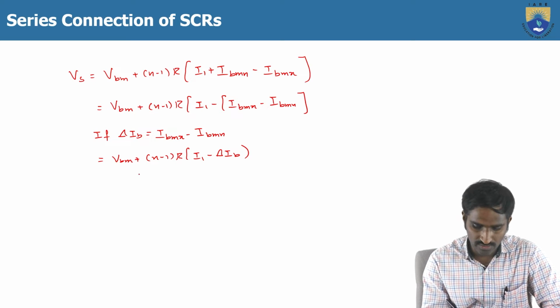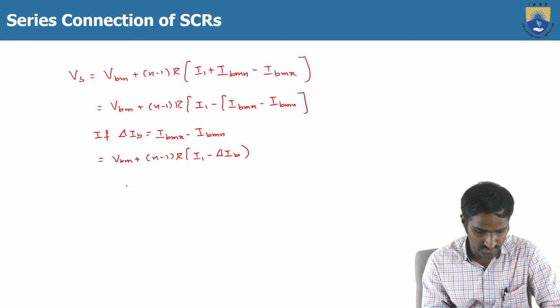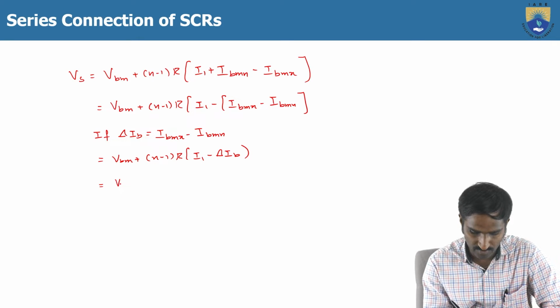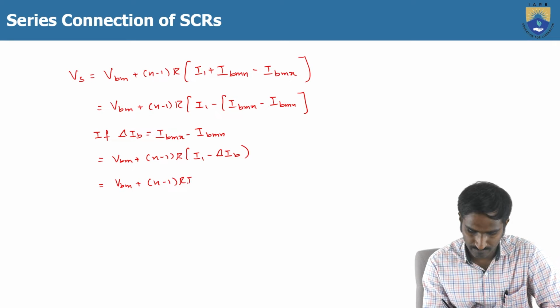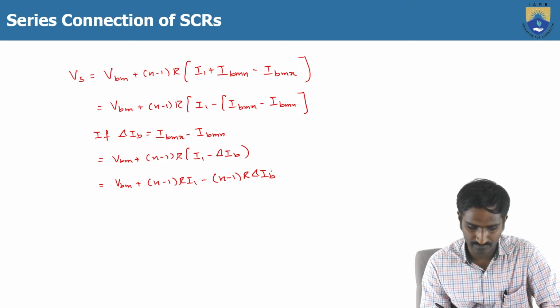Then we can simplify this further as VBM plus n-1 R into I1 minus n-1 R into delta IB.